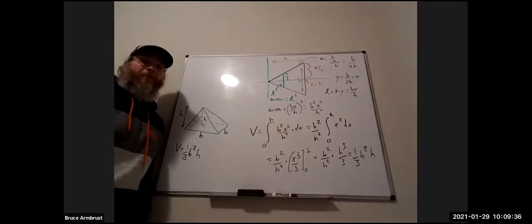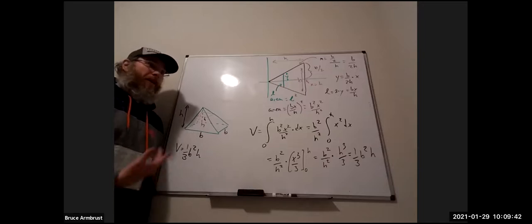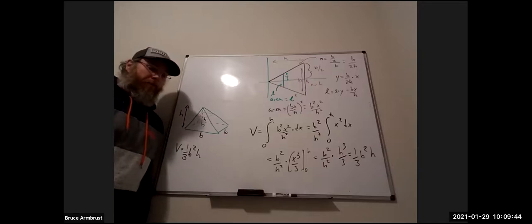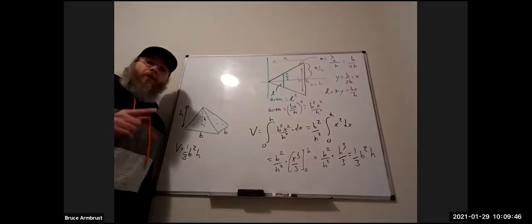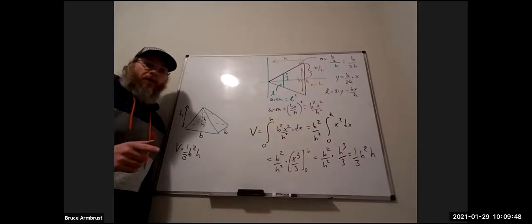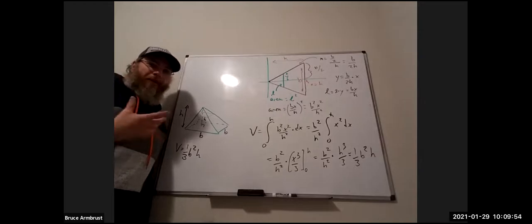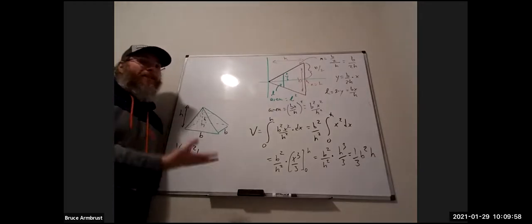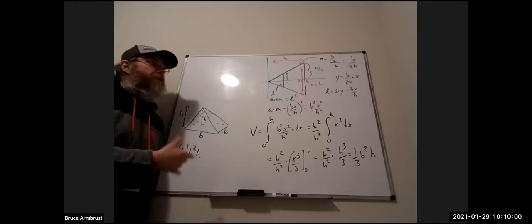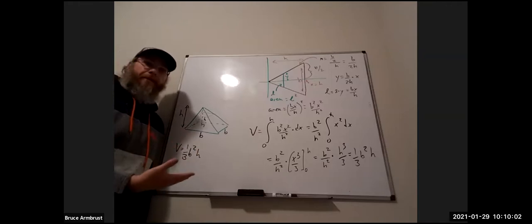Anyway, hopefully you at least find this interesting, but now you know exactly why the volume of a pyramid is 1/3 base times height. So if you go back to that question from the homework, I think it was question number 2 that Chase asked about, with the you wake up in a toga and with a scarab or whatever nonsense. That's exactly this, except they give you a specific base and a height.